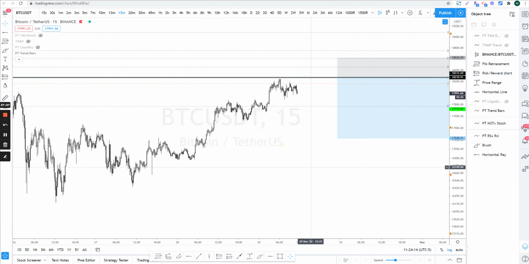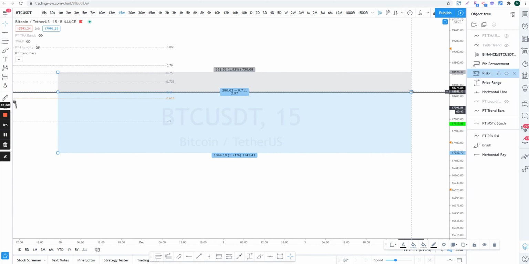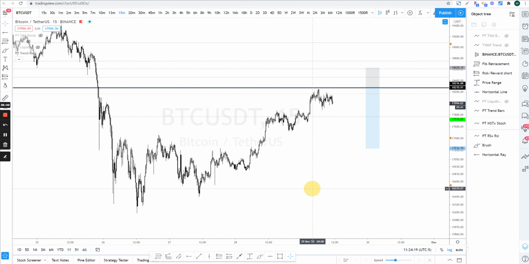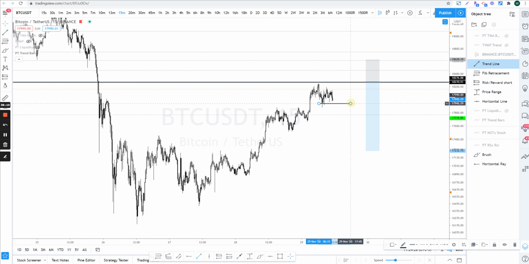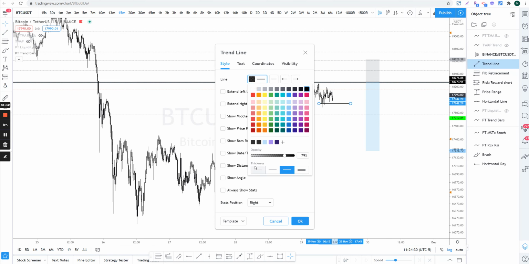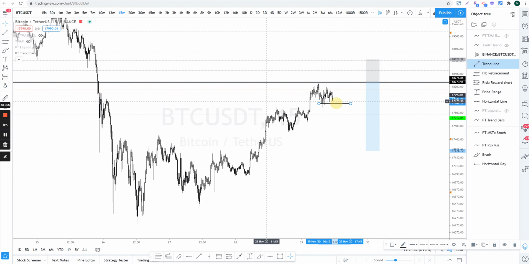So, if you're in this trade and you caught this top of the retest, you move your stop losses to break even as soon as you get under here. That's what I do, right?